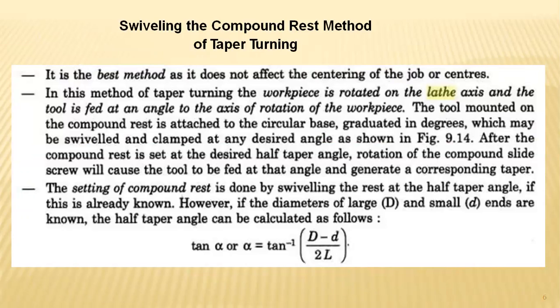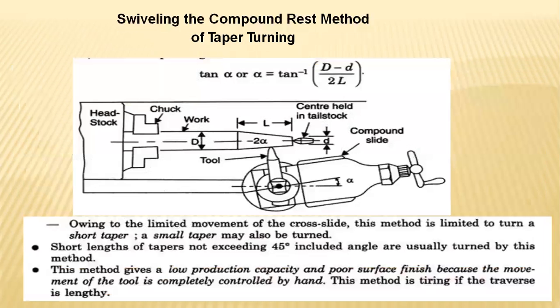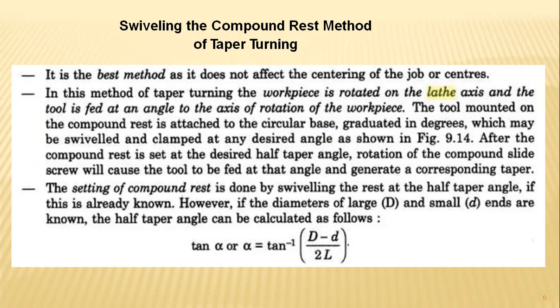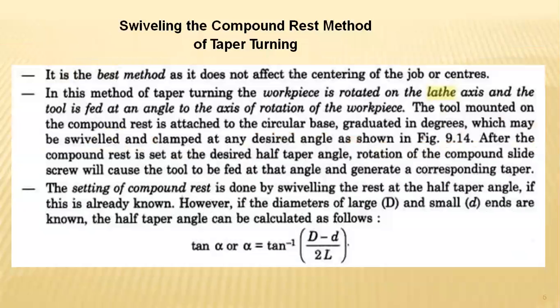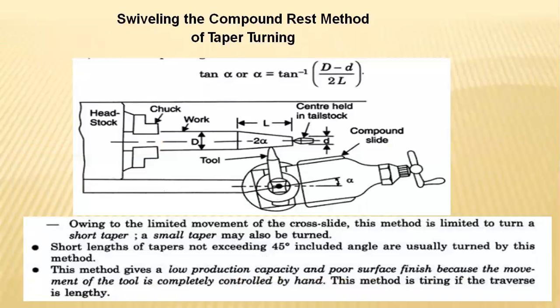Particularly in this kind of taper turning, the workpiece is rotated on the lathe machine and the tool angle is varied. In the previous tailstock set-over method, the tailstock was varied. But here, in the case of the compound rest position, obviously the tool is varied with respect to a particular inclination.